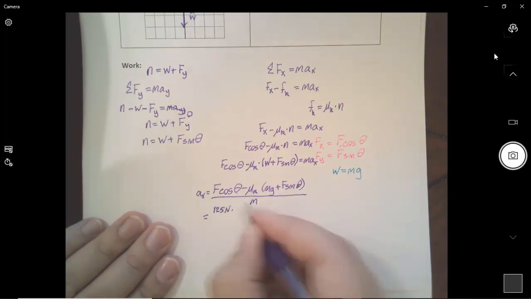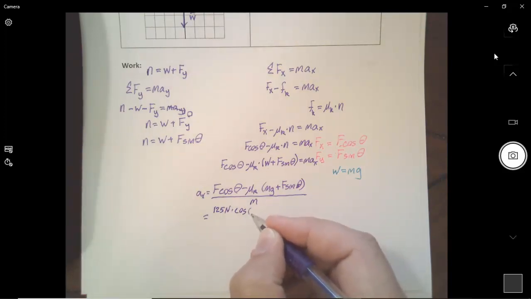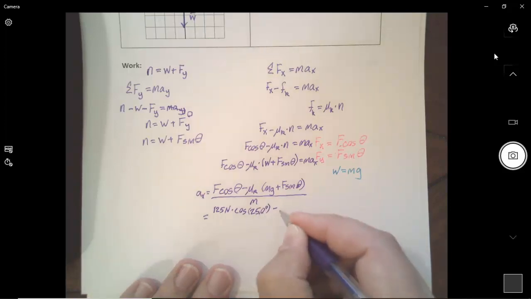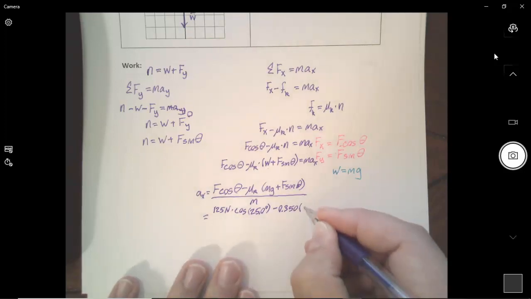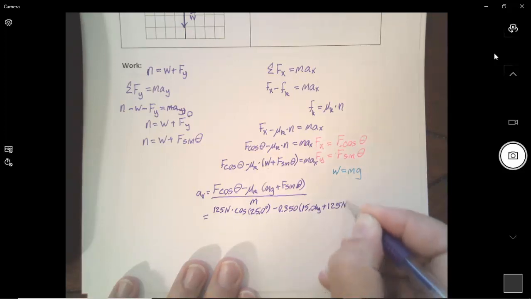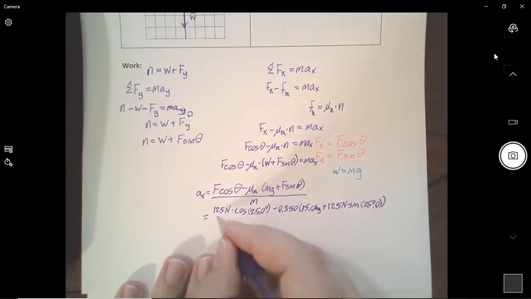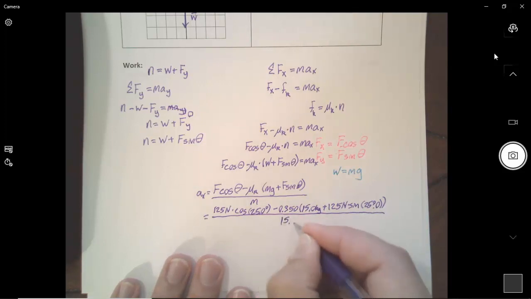So we have 125 newtons times cosine of 25 degrees minus 0.350 times 15.0 kilograms times 9.8 meters per second squared, all over 15.0.